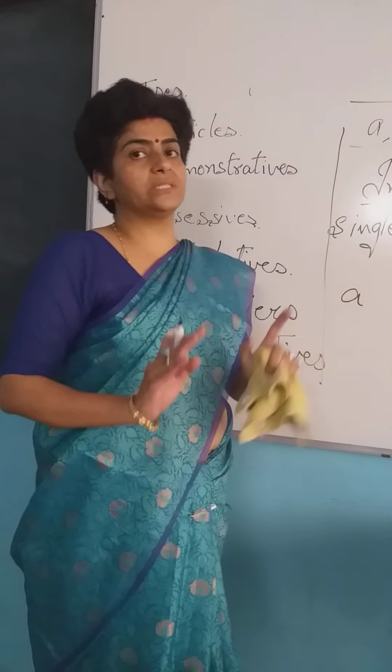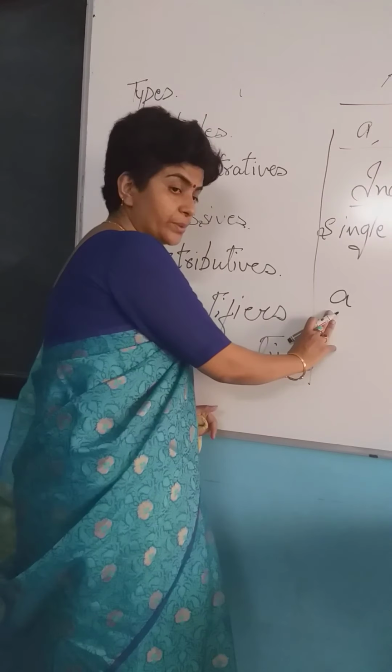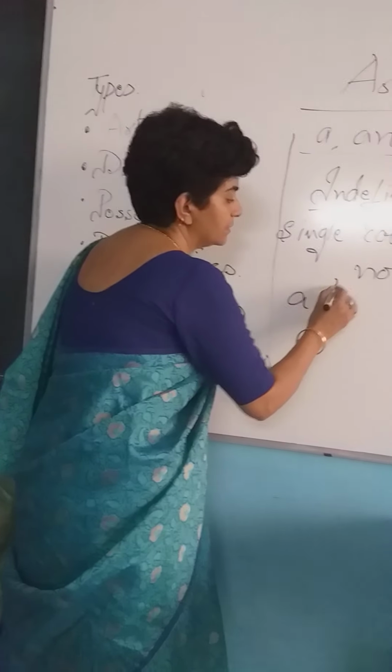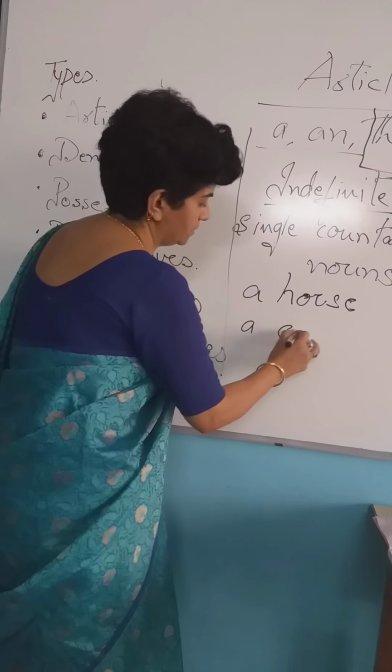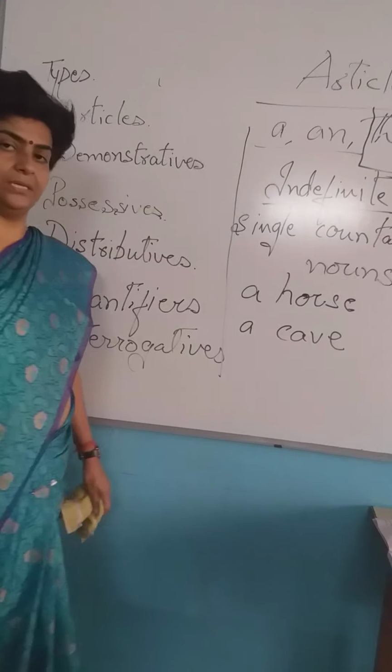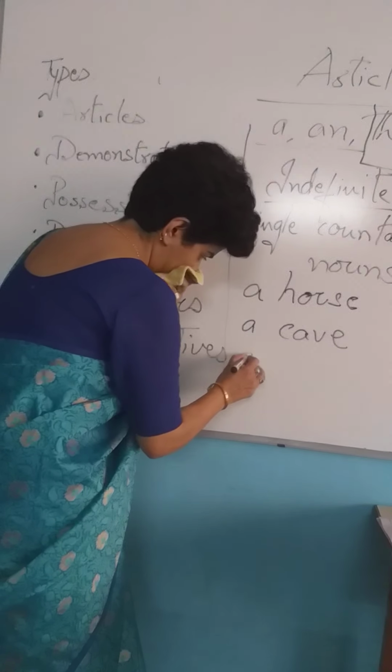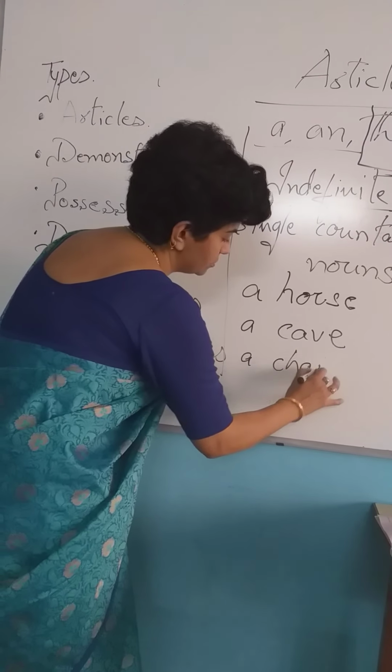Please pay attention to this, that a is used with a consonant sound, like a horse, a cave, a chair.